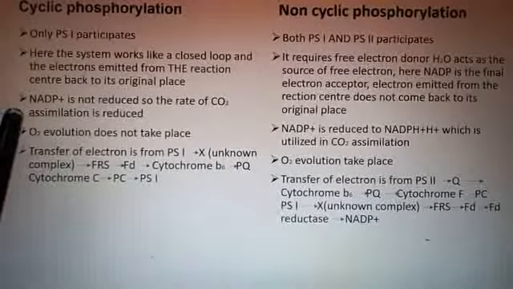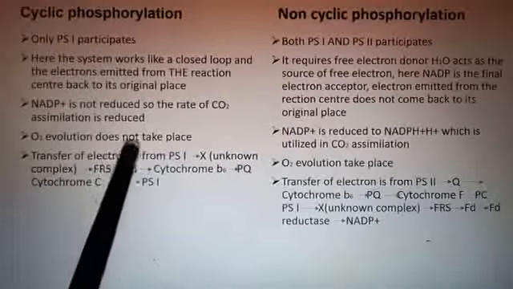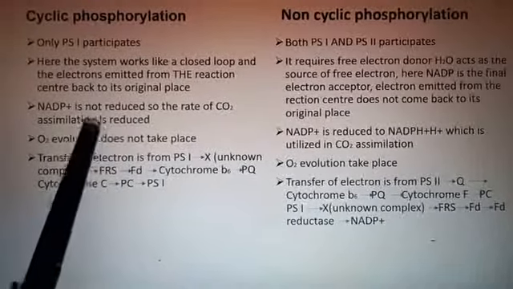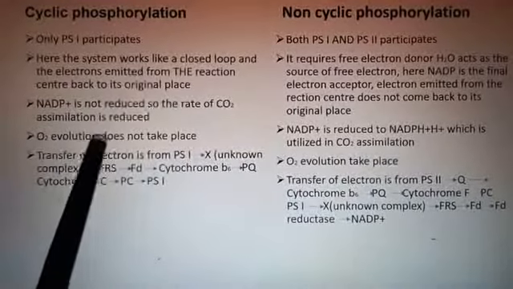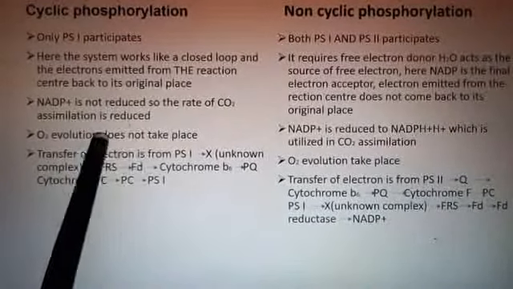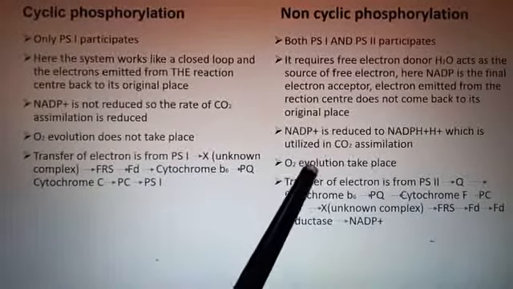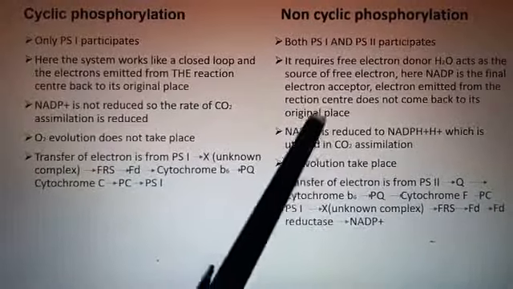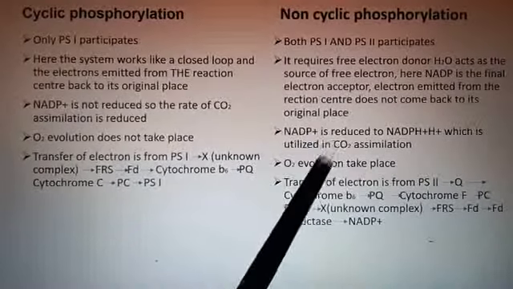The next difference is that in cyclic phosphorylation, oxygen evolution does not take place at PS1. It means there is no photooxidation of water here. Whereas in non-cyclic phosphorylation, oxygen evolution takes place because photooxidation of water takes place at photosystem 2.